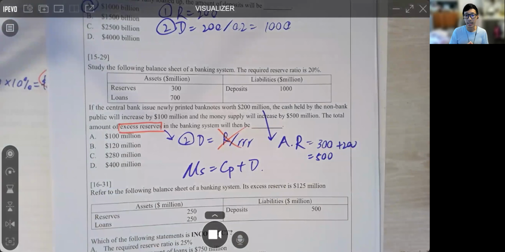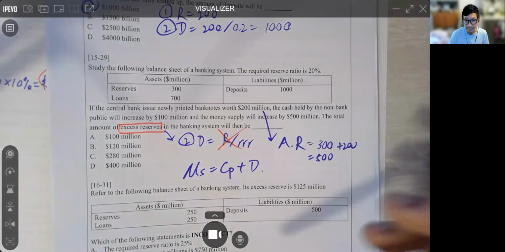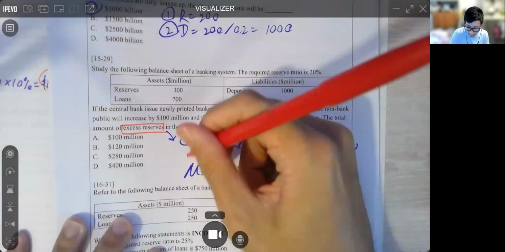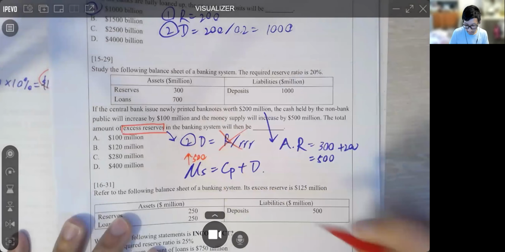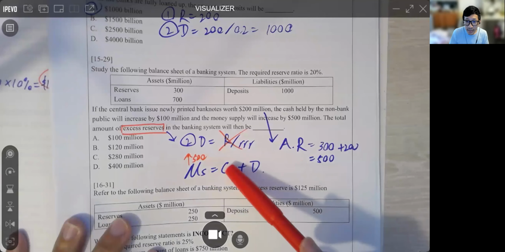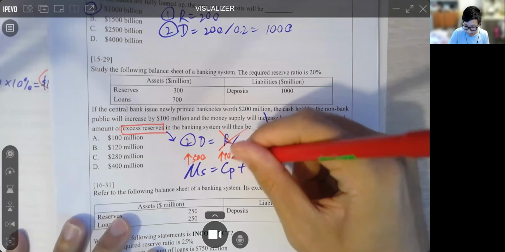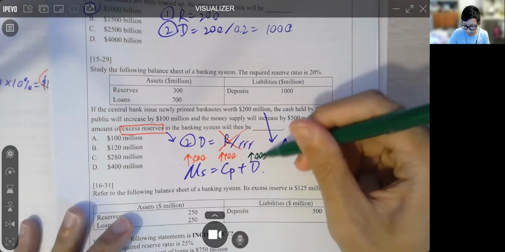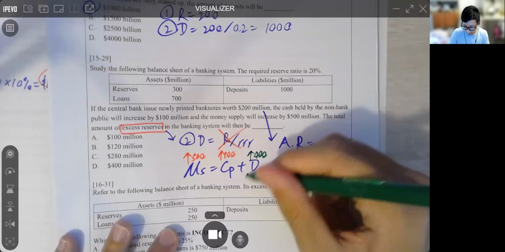We know that money supply increased by 500. And then we know CP increased by 100. So what does that mean? It means that deposit would increase by 400. And actually, 1400.